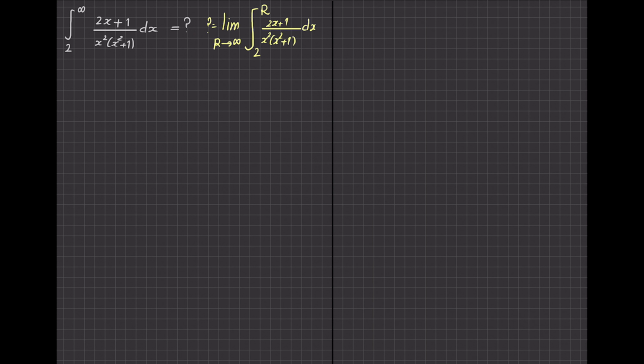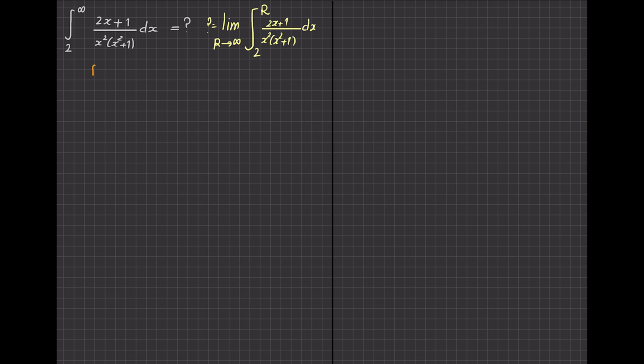looking for. Okay, and in order to find this integral, because this function is continuous everywhere, we can use Newton's theorem by finding an antiderivative of this function. So we first concentrate on finding an antiderivative of that function.